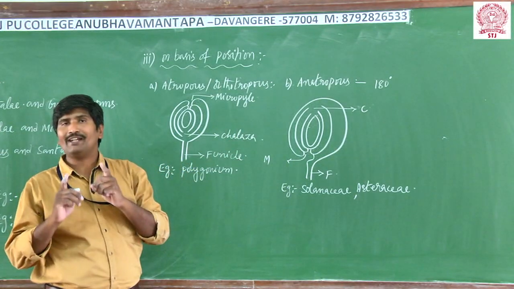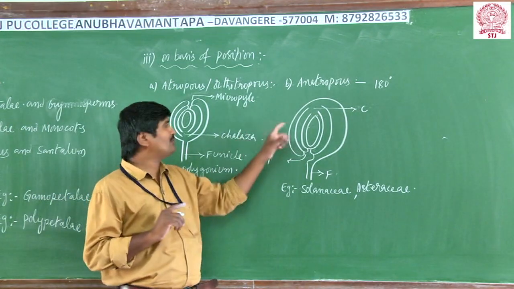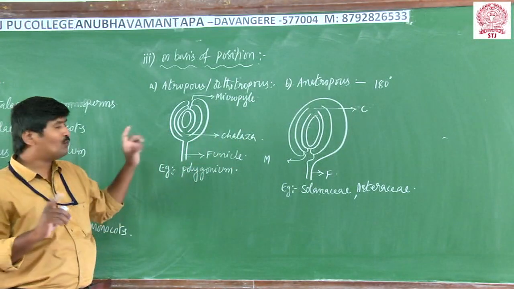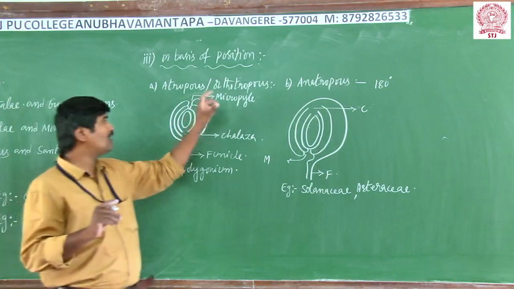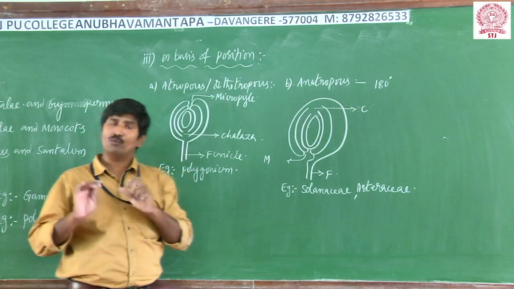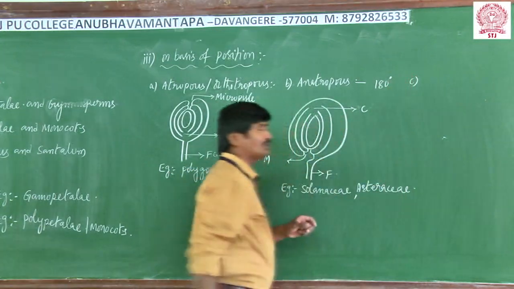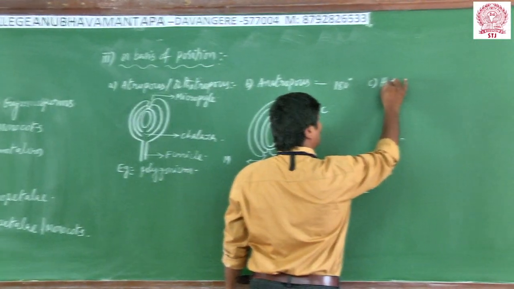This point is very important. Which ovule is the most advanced type? Anatropous ovule. Which ovule is the most primitive ovule? That is the atropous or orthotropous ovule. Next, third one, hemi-anatropous ovule.